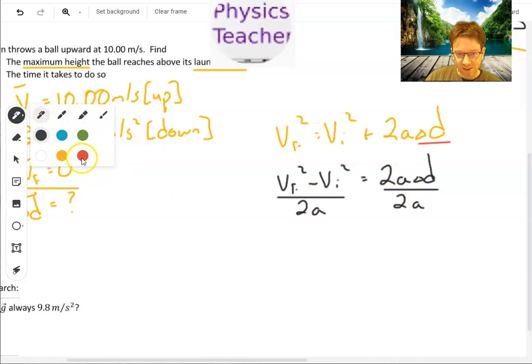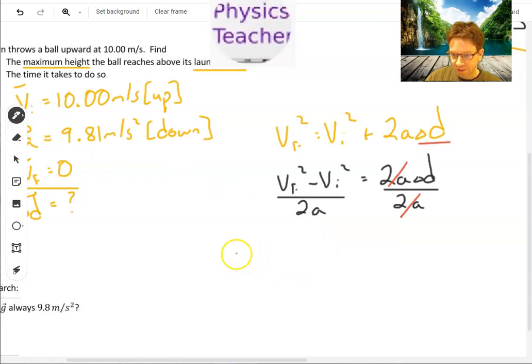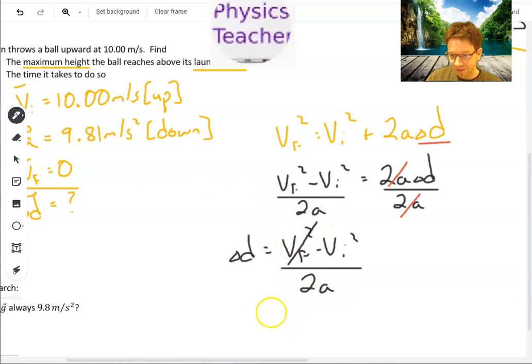So they cancel on the right. And we're left with delta D equals final minus initial, both squared, all divided by 2A.